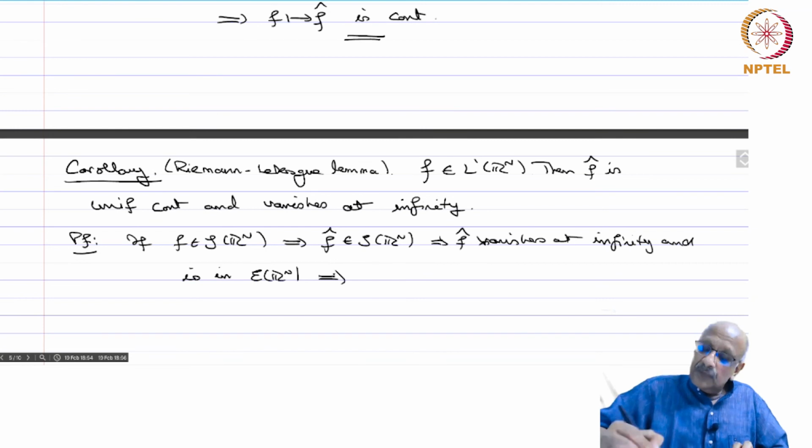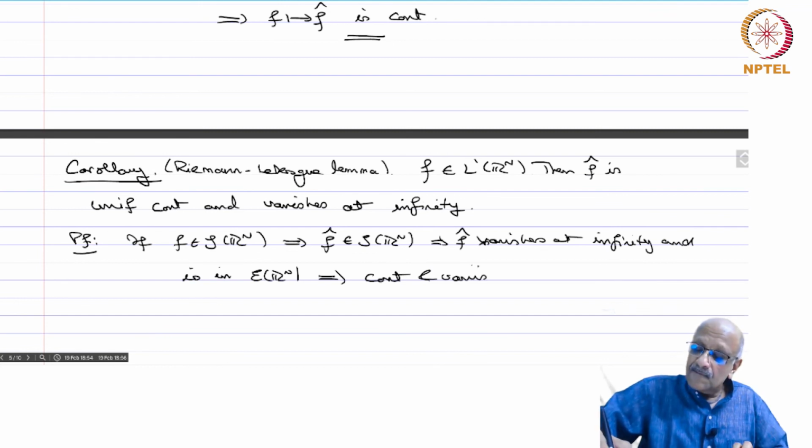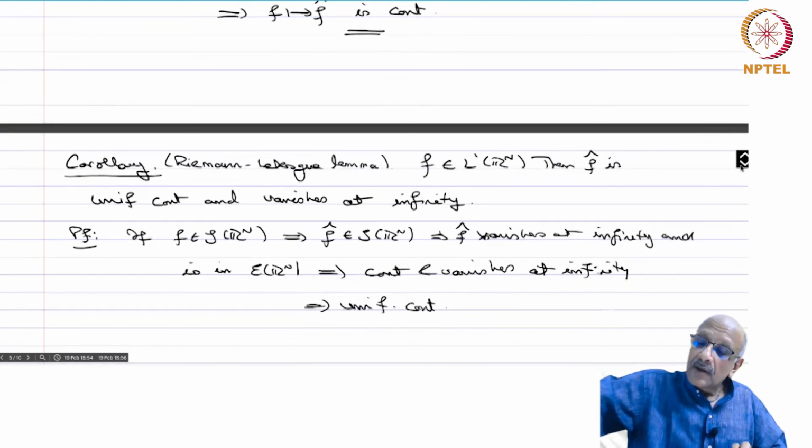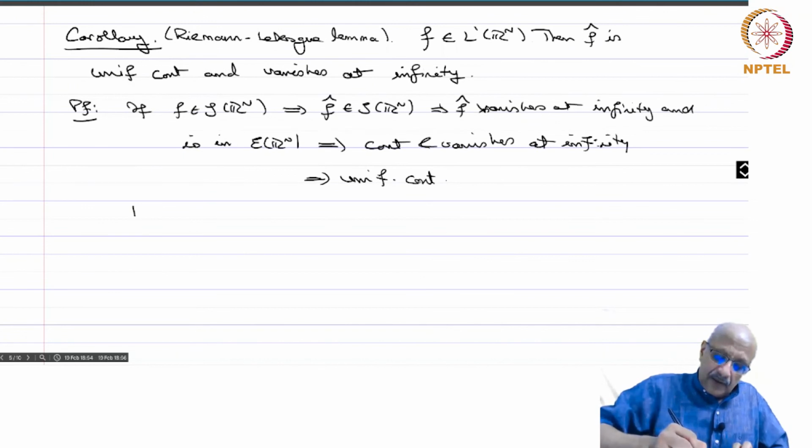So it is in particular continuous and vanishes at infinity, which implies uniformly continuous. Okay.